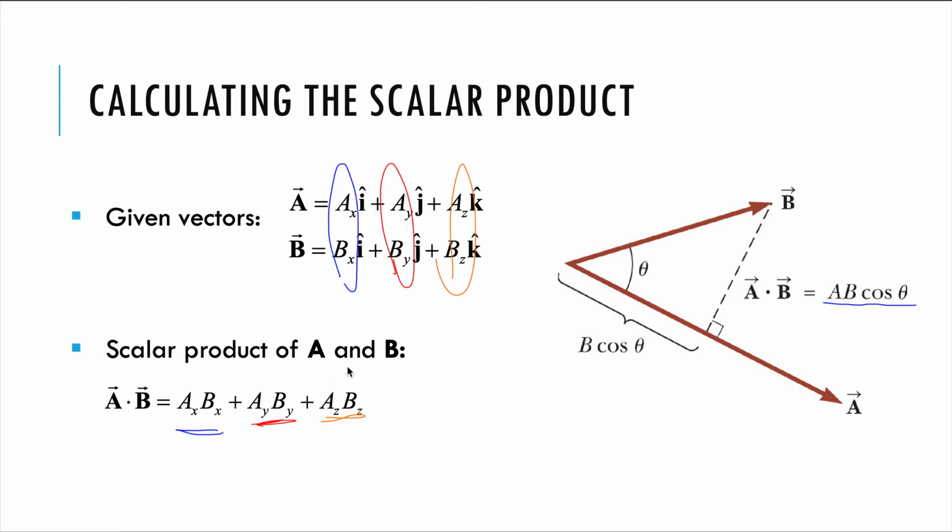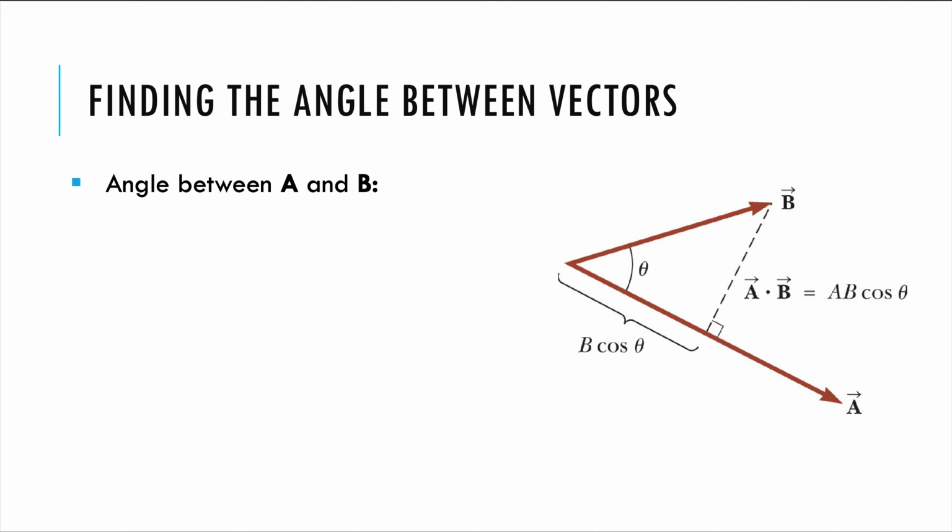We will do an example in the video that follows, but first, the last thing is that using this definition of the dot product, it also gives us a way to find the angle between vectors. So let's say we are trying to find the angle between two vectors.